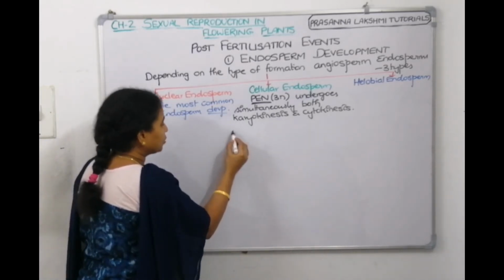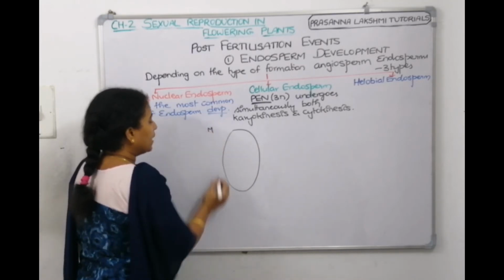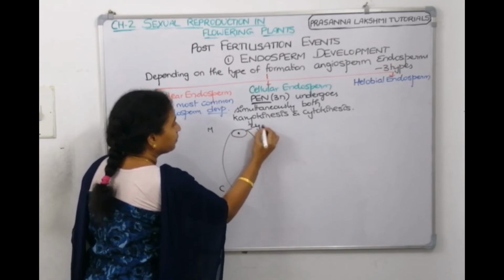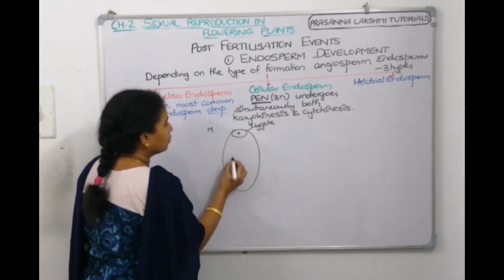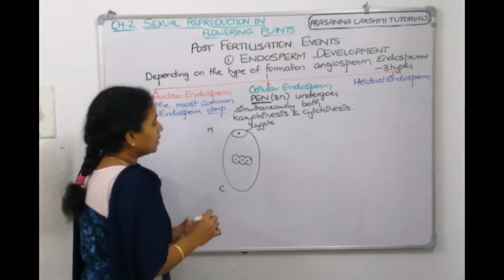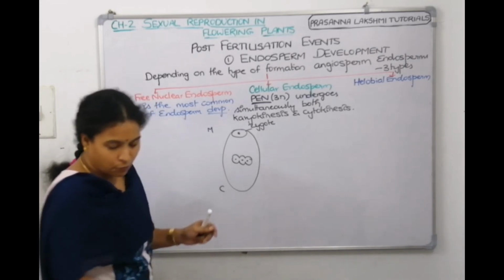If we have to see the picture, again let us draw the embryo sac. Micropylar end, callosal end. This is the zygote. 1, 2, 3, triploid PEN. Now this PEN starts dividing and it makes 2 cells, 4 cells like that.